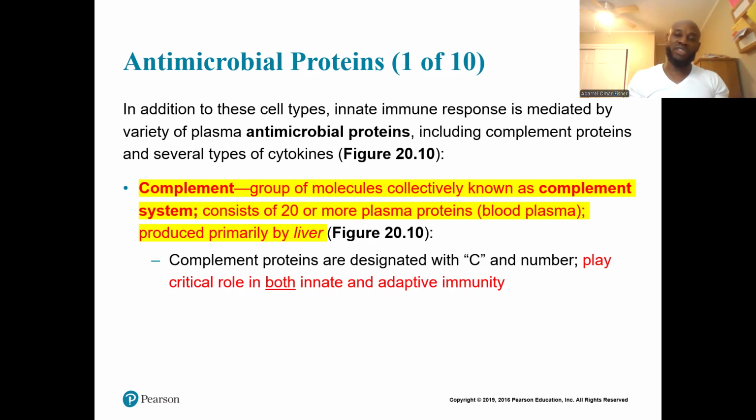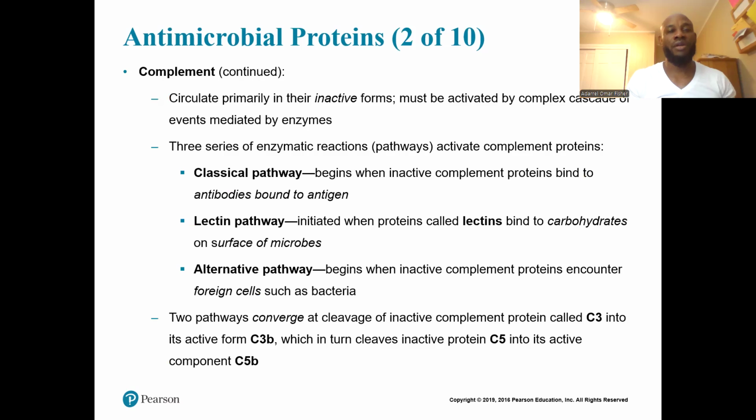So these complement proteins, designated with C and a number, play a critical role in both innate and adaptive immunity. The complement proteins circulate primarily in an inactive form in the blood plasma. Three series of enzymatic reactions activate complement proteins.